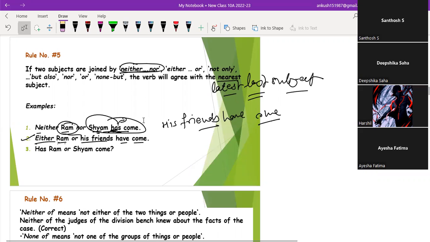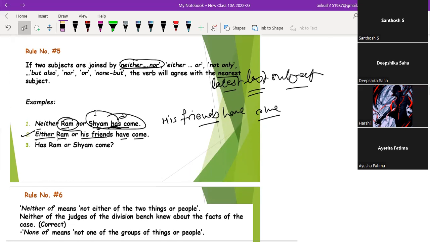Can you read them out? Neither, nor, either, or, not only, but also, nor, or, none, but. The verb will agree with the nearest subject, the latest subject.